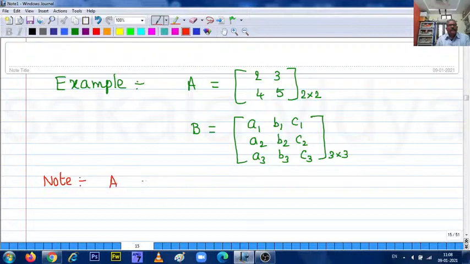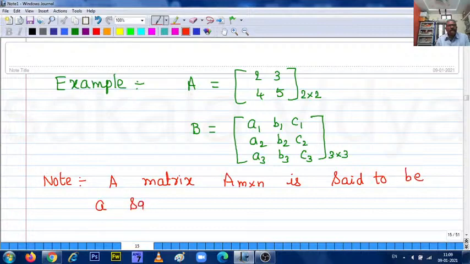A matrix of order m by n is said to be a square matrix if m is equal to n.